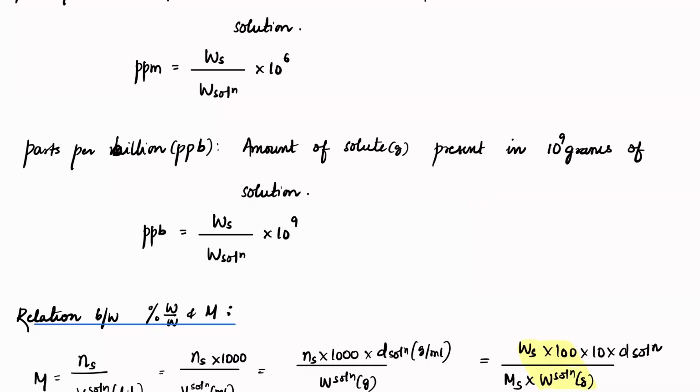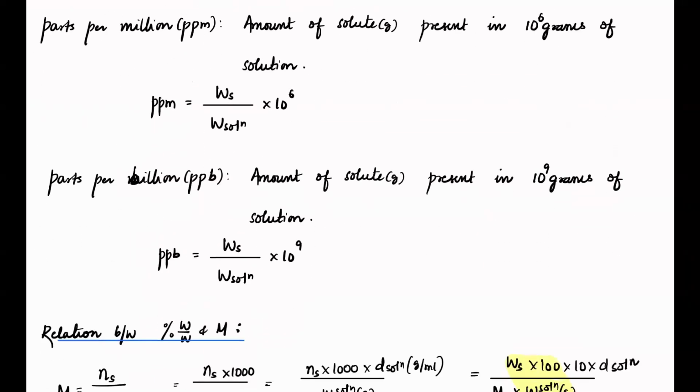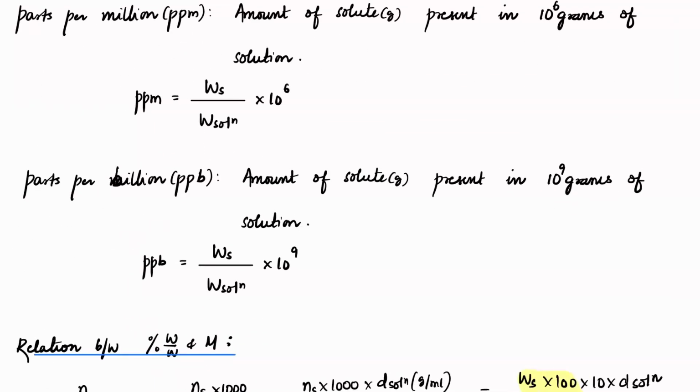That's why we need to figure out how much of that solute is present in 10 raised to the power of 9 grams of solution. Typically, ppm and ppb are always taken as a weight ratio.